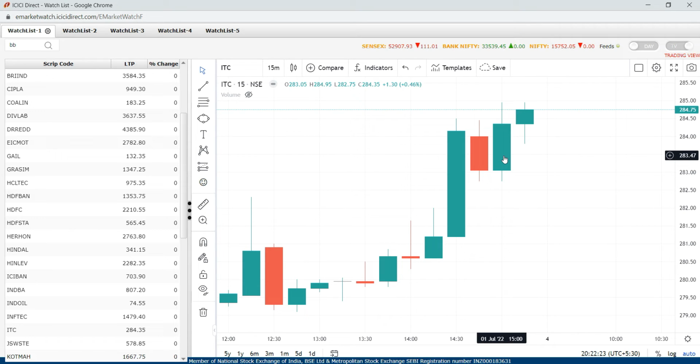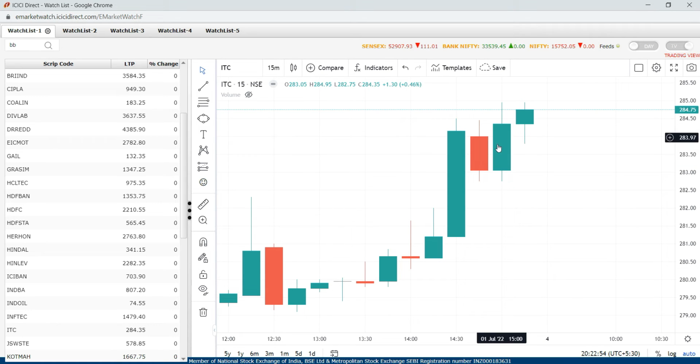Every candle will show you open, high, low and close, and this depends on the time frame you choose. I've chosen a 15 minute candle, meaning this candle is of 15 minutes of trade. This is what decides whether the candle is going to be a green candle or a red candle.